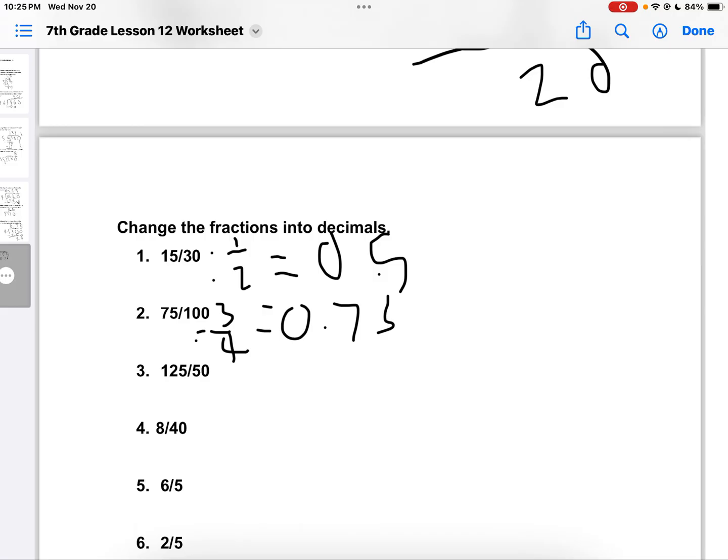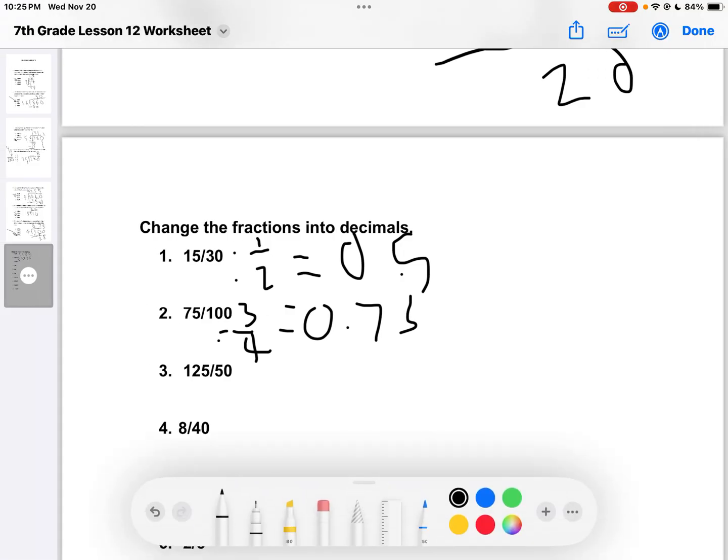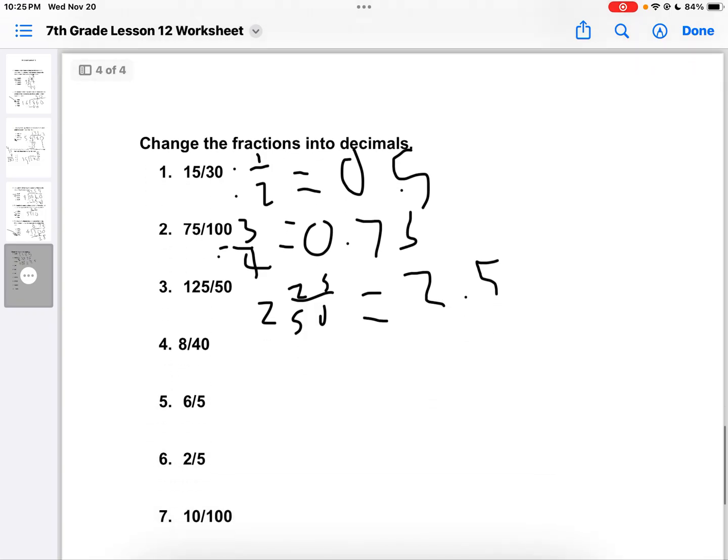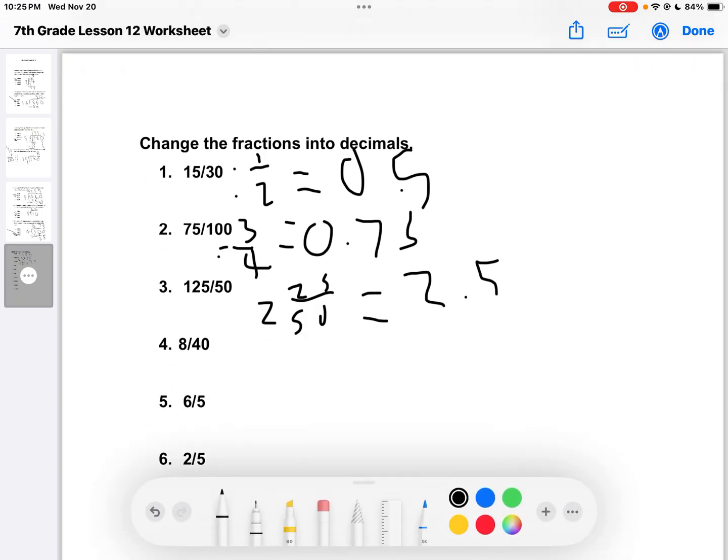125 over 50. So we could first factor it out. 50 fits into 125 2 times, and it'll be 25 over 50. And this will transfer to 2.5 because 25 is half of 50. 8 over 40.